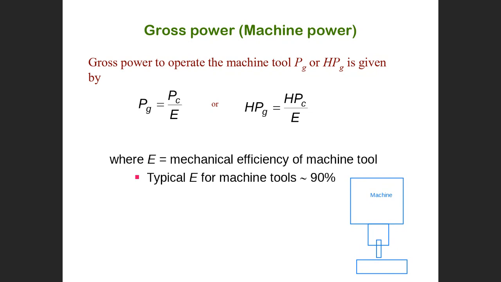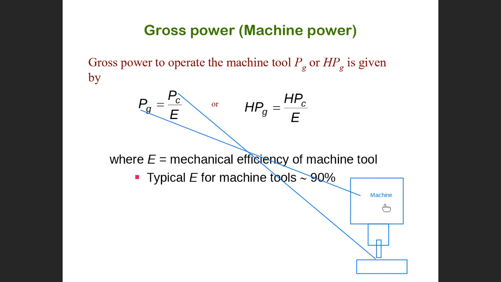The power needed to do the cutting is PC, and PG is the machine power. Both are different. PC is the power needed for the cutting process, and PG is the gross power or machine power.